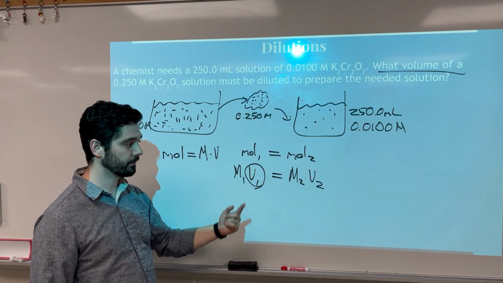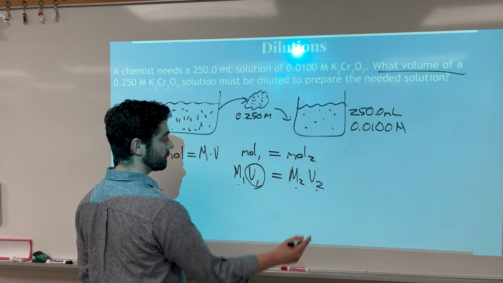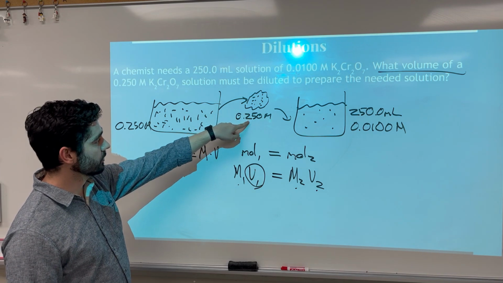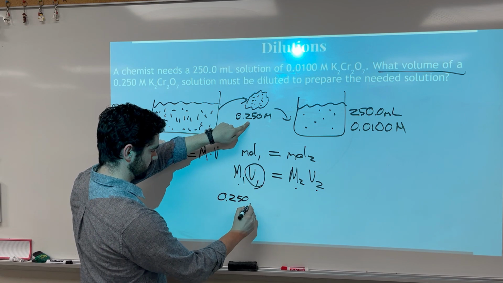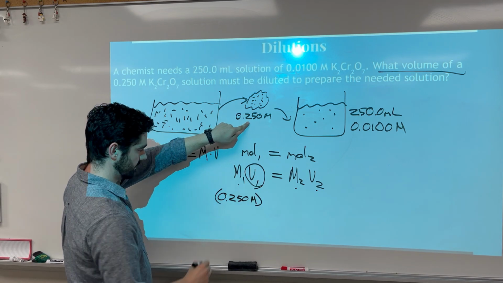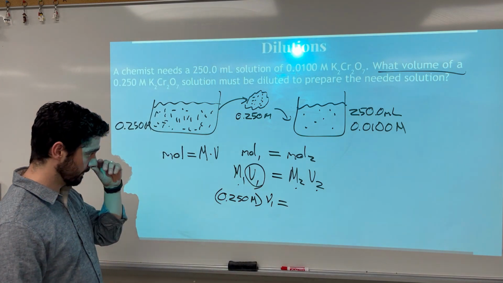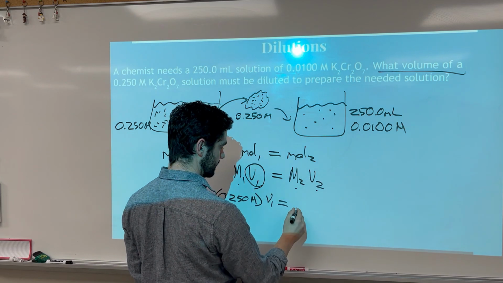So I rewrote this equation so that I now have a new equation that has the variable I care about. And conveniently, what you'll notice is I know all of these numbers, right? My starting molarity is right here. Okay, I don't know V1, but I'm going to be able to solve for it in a second. And I know that my ending molarity is right here.